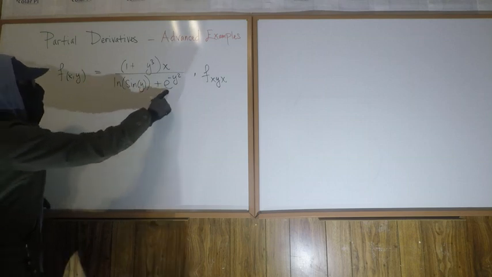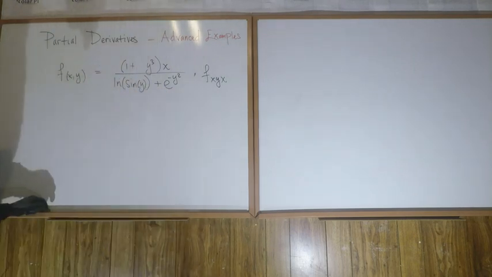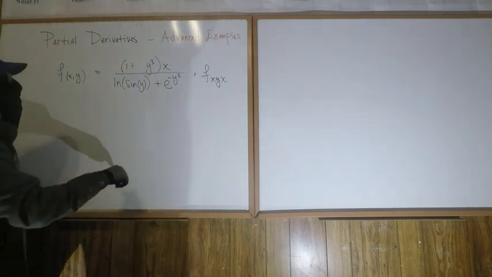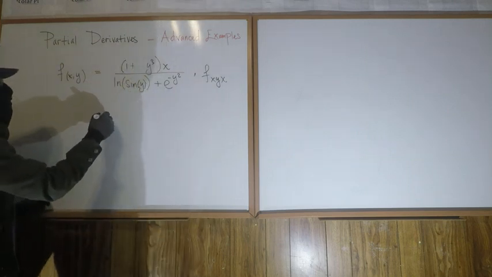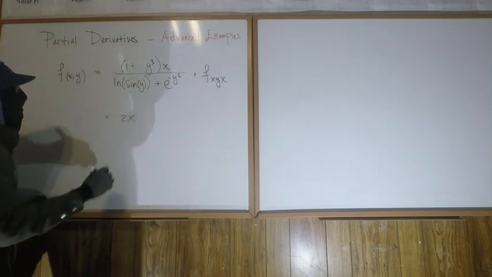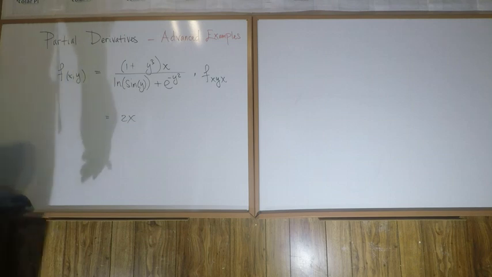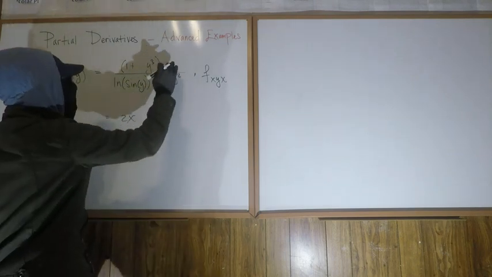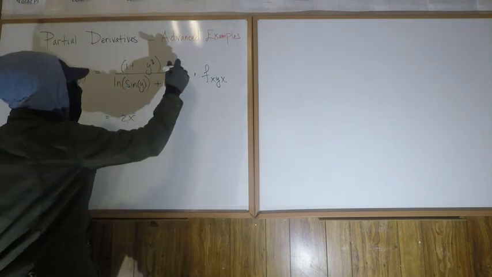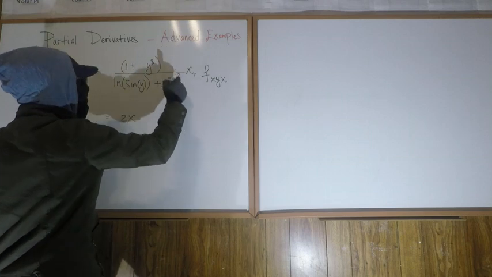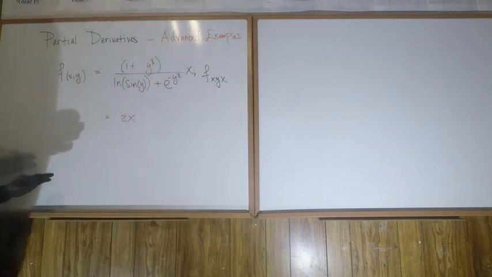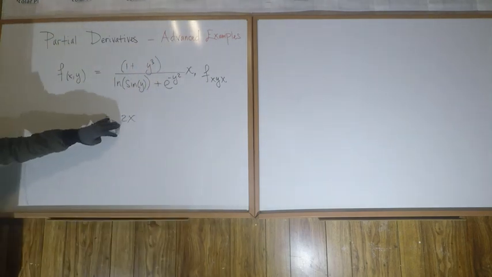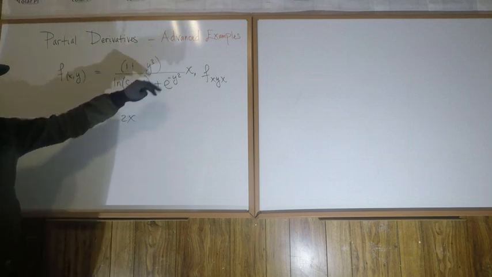This too is a constant. So this whole thing might as well be 2x, a constant times x, where the only thing that's not a constant when we're considering the derivative with respect to x is the x. I can make it clear that the 2 is equivalent to this quotient.